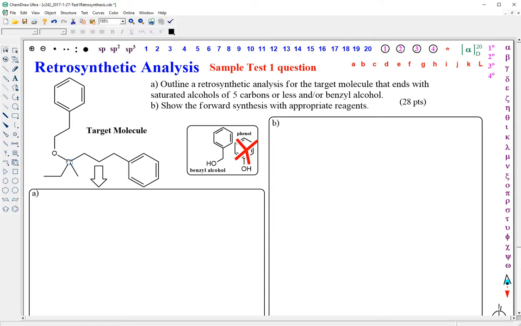You can't attack a tertiary carbon. So that leaves as your better choice this being the O- nucleophile, attacking a carbon with a leaving group here. This combination would do that.